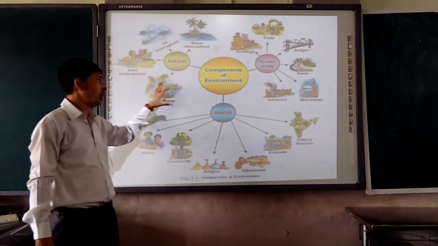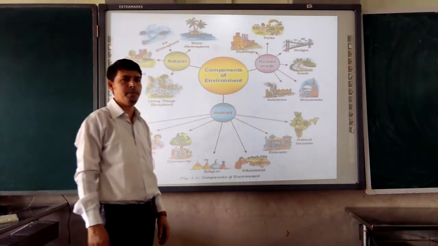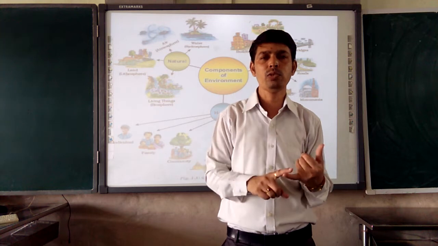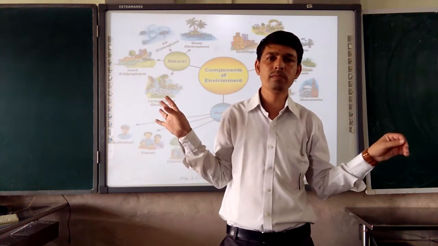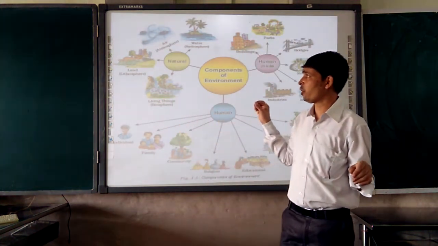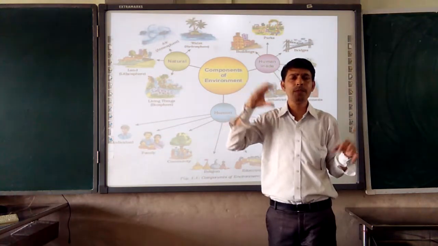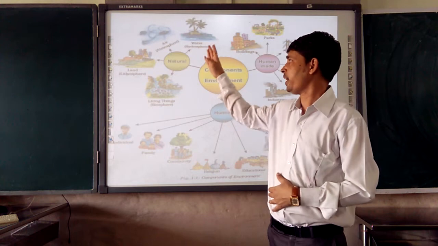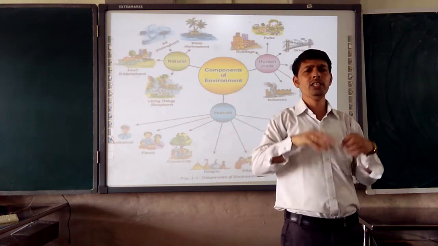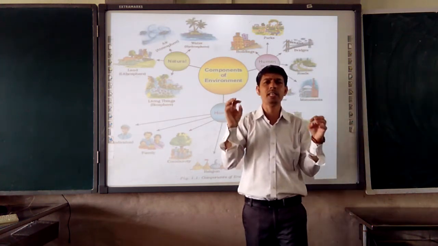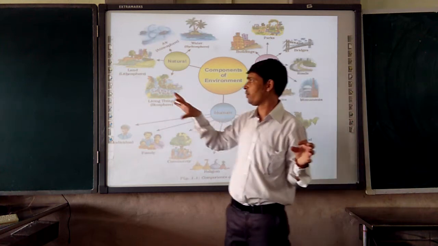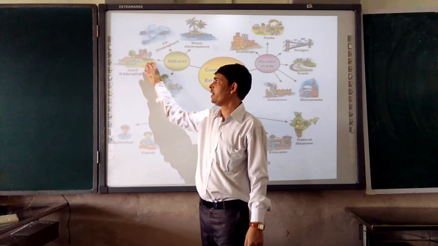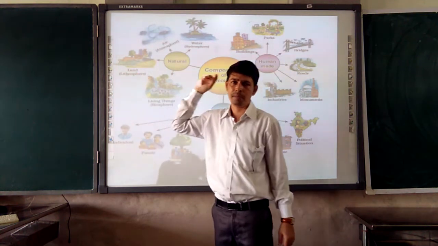Why we should not harm it: if we are exploiting water, water and water resources are going to vanish. Next, atmosphere: if we are creating many types of pollutants, it is creating air pollution. If we are injecting many harmful chemicals and waste things into the land, the land is also being destroyed and land pollution is happening.